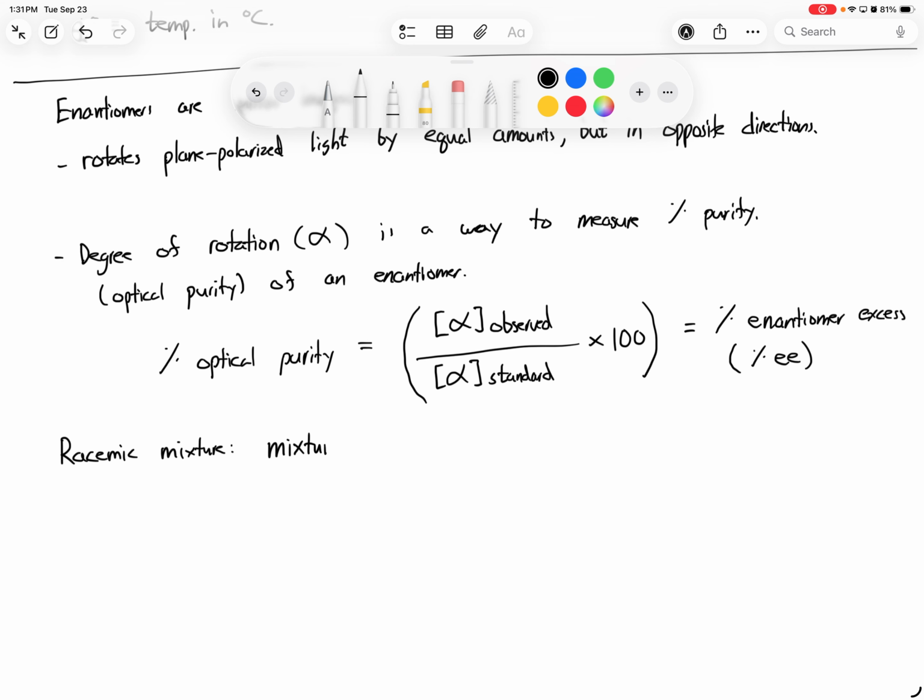It's a mixture that contains equal amounts. If we're talking about 100, equal amounts would be 50-50, right? So we have a 50-50 mixture of two chiral enantiomers.